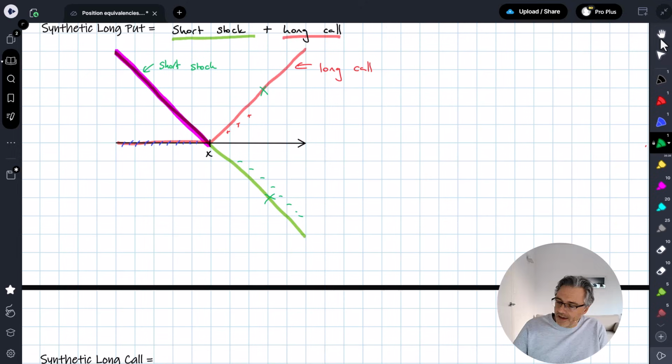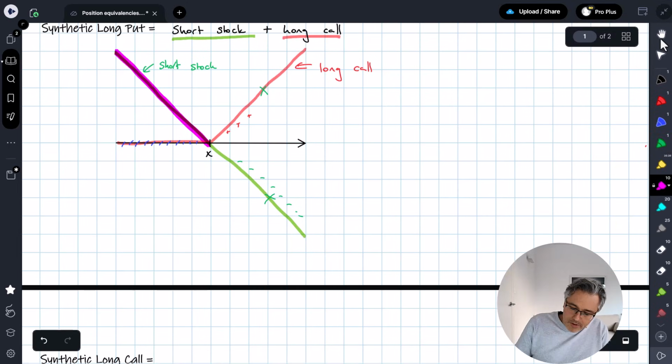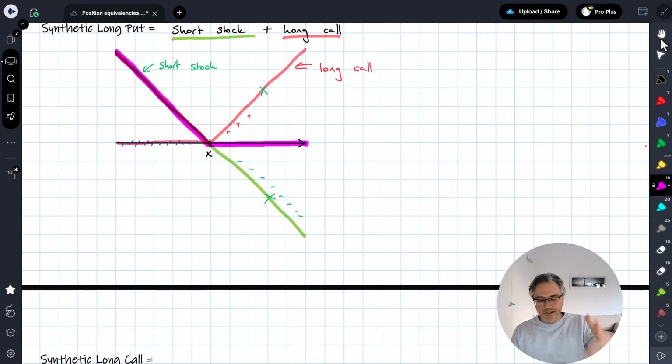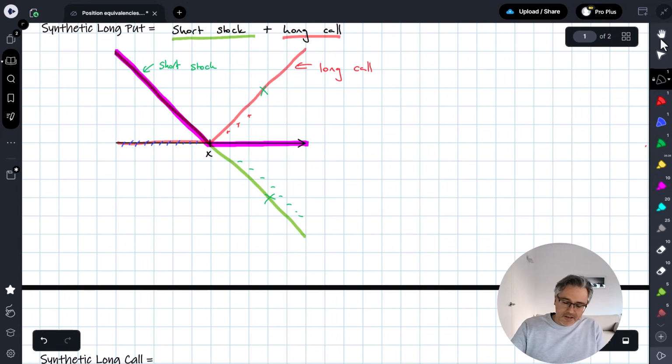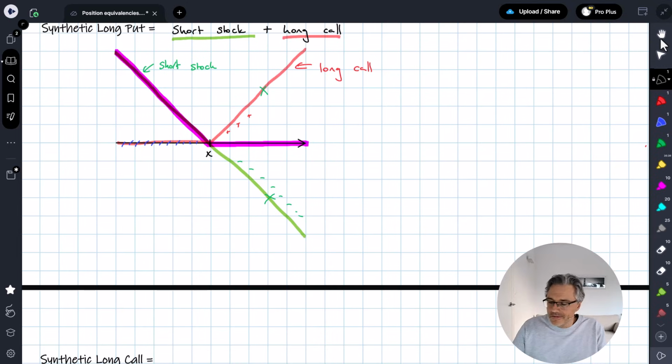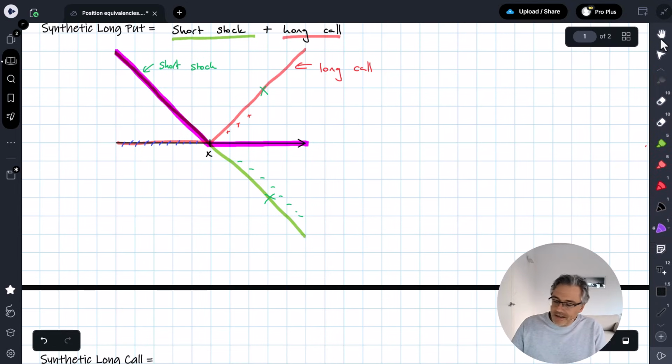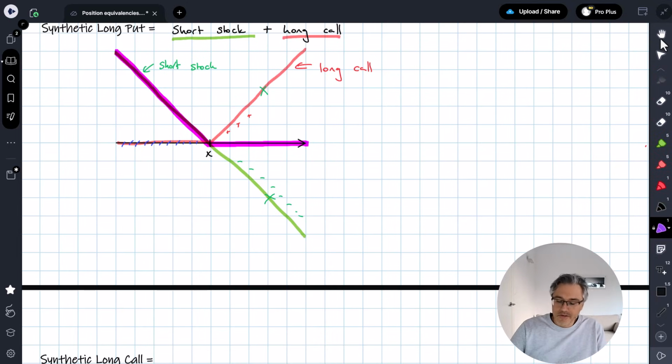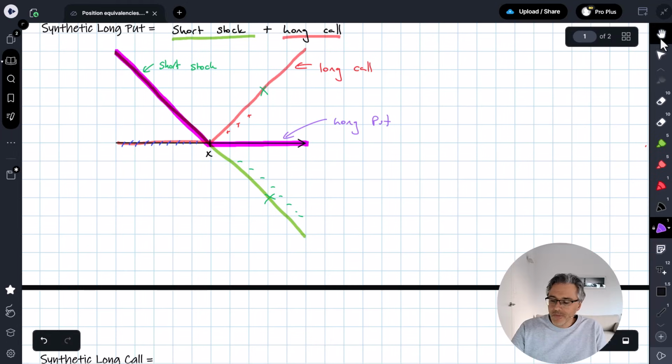When one is making a gain, the other is making a loss, and what we're left with is the two diagonal lines collapse to what is effectively a 0, and that pinkish violet line, whatever you wish to call it, which represents the combined position, is akin to what you'd see if you just drew a long put. Hence, we've got ourselves a synthetic long put.